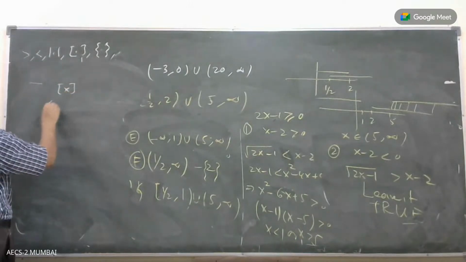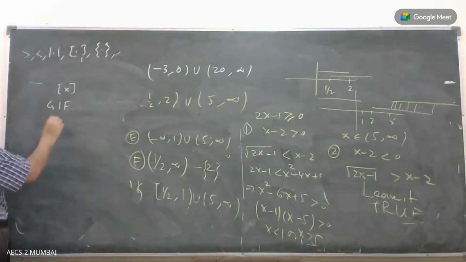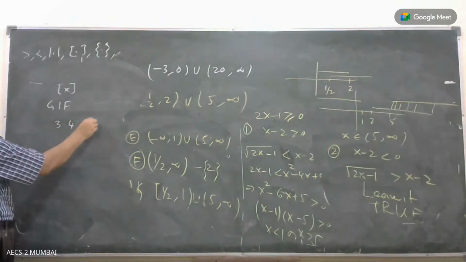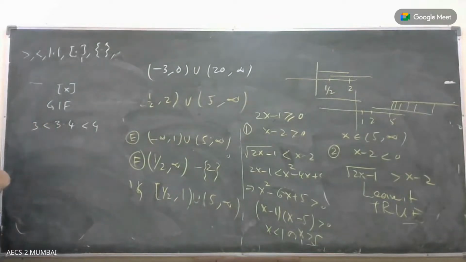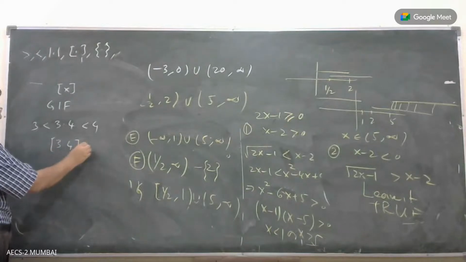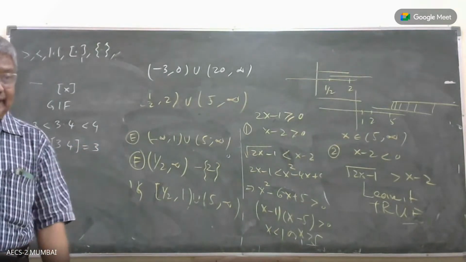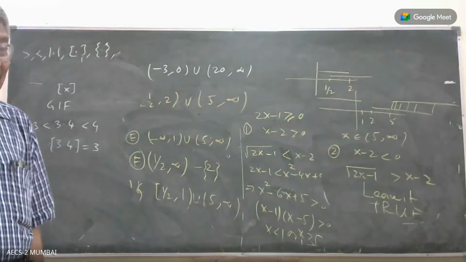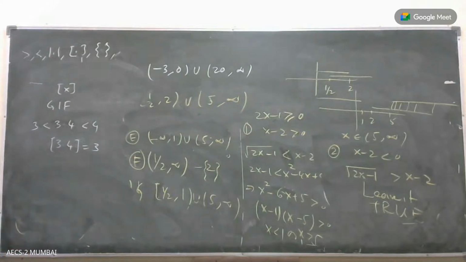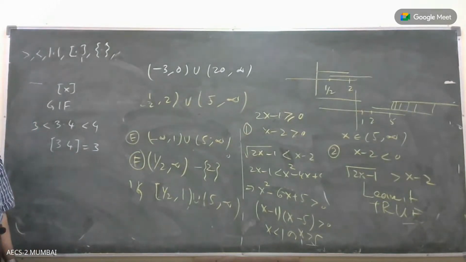So GIF, greatest integer function. So what happens? Every number, say 3.4, is between 4 and 3. So GIF of 3.4 is 3. It is called the greatest integer which is less than your number.